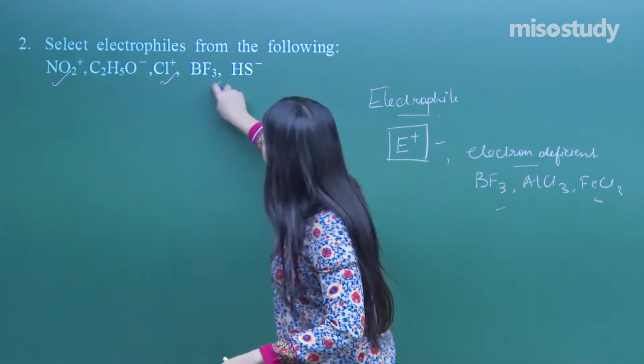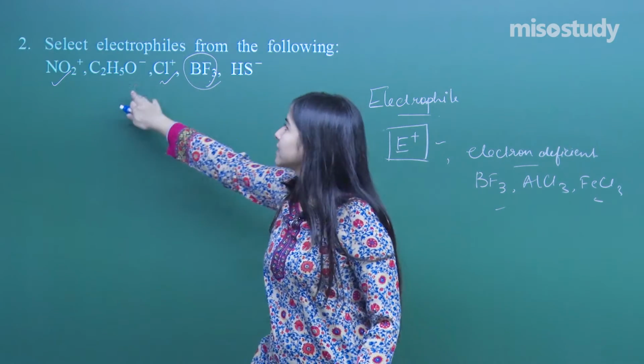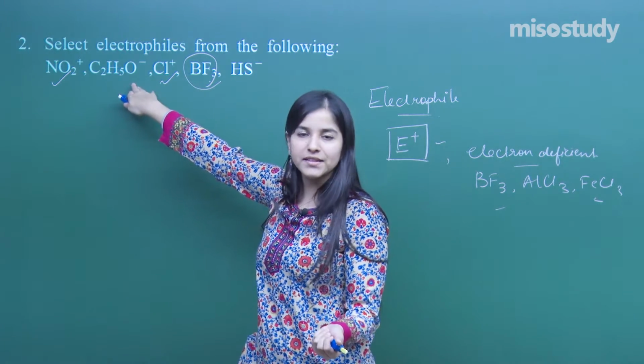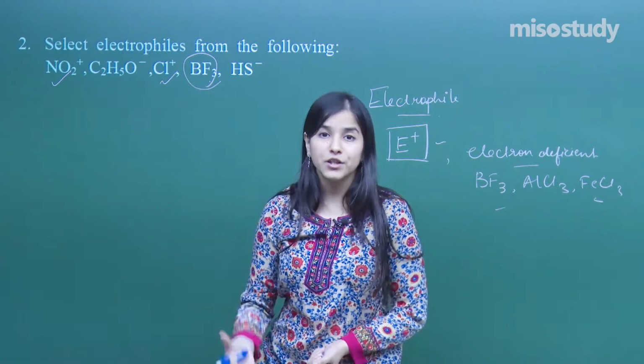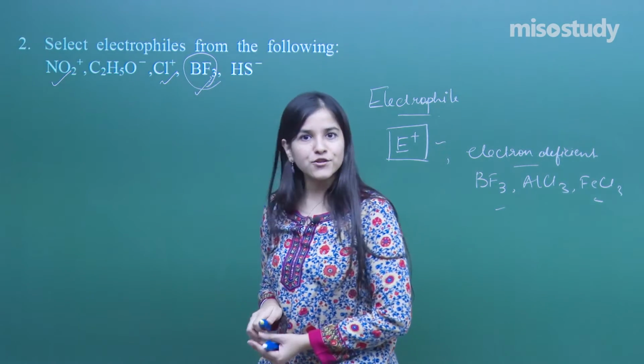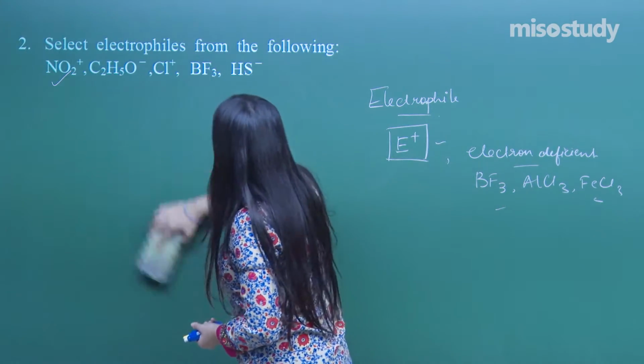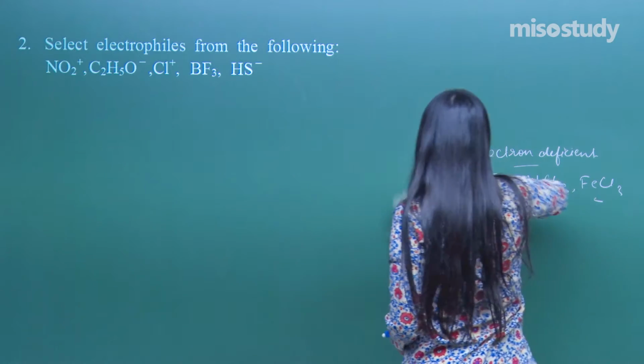So what you can see over here is BF3, while the rest of them naturally have the negative charge, so I will include them in the nucleophiles, not the electrophiles. So these three are the electrophiles. Clear? I hope everybody is clear with the fact. Now let's move on further.